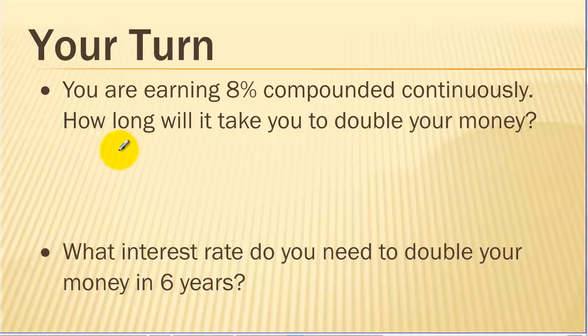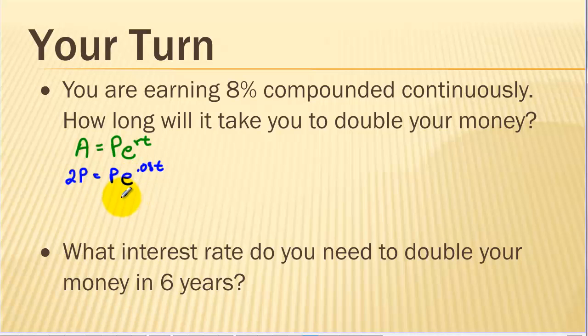So our initial investment, so remember we're using this model for continuously compounded interest. But in this particular problem, we were told that we want this amount to be double what we deposited. So 2p would be double what we deposited, and we were told that the interest rate was 0.08, and we want to solve that for t.